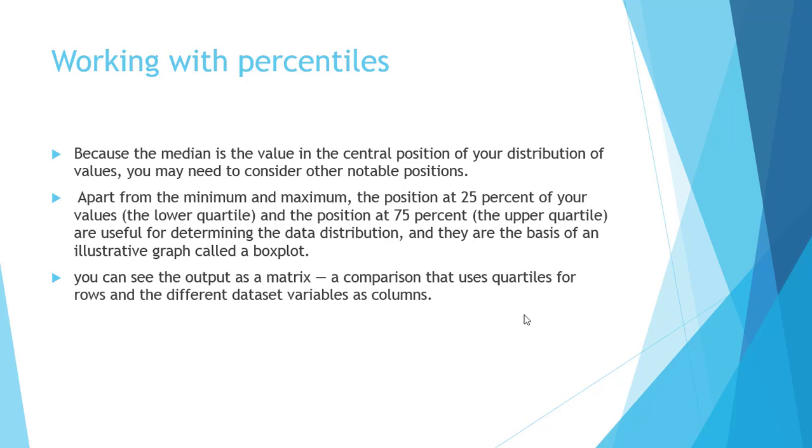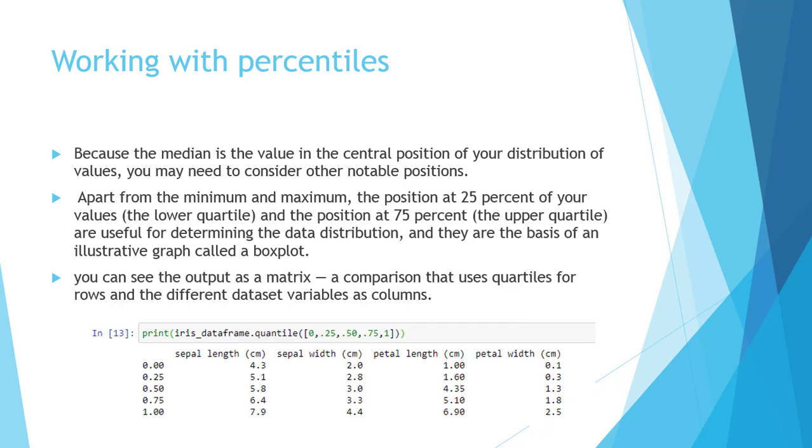So we can see the output as a matrix, a comparison that uses quartiles for rows and the different dataset variables as columns. So to get the percentiles or quantiles, use the command .quantile and pass the parameters 0, 0.25, 0.50, 0.75 and 1. So this is the output of this command.